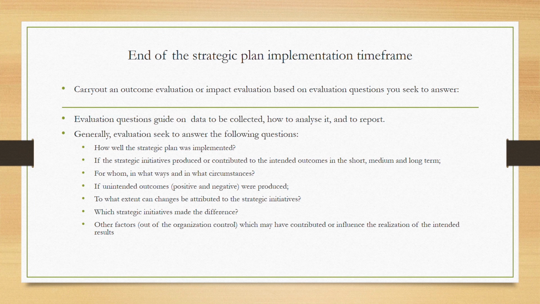Or perhaps are there other factors beyond our control that have contributed to the realization of these results? What were the hindrances? Can we do the adjustments and maybe continue to implement, and achieve better results? Maybe that may require review of the strategic plan altogether.